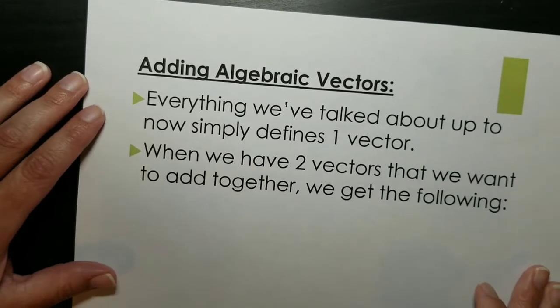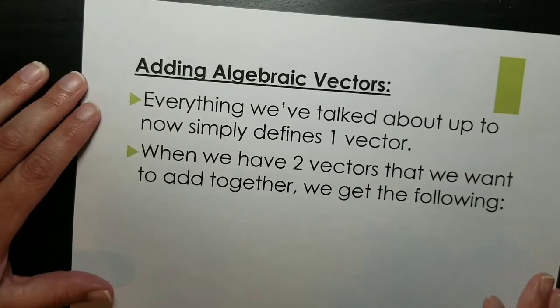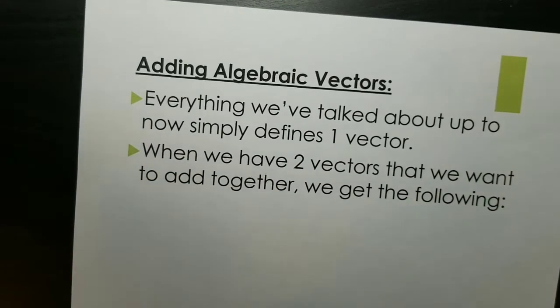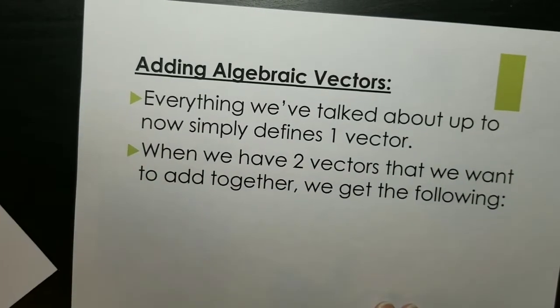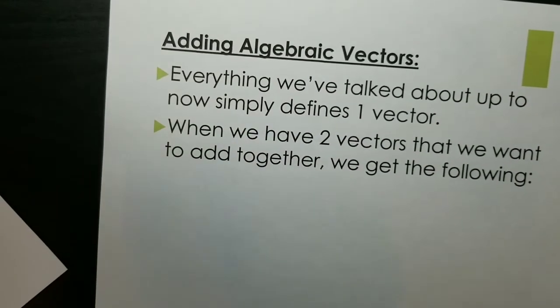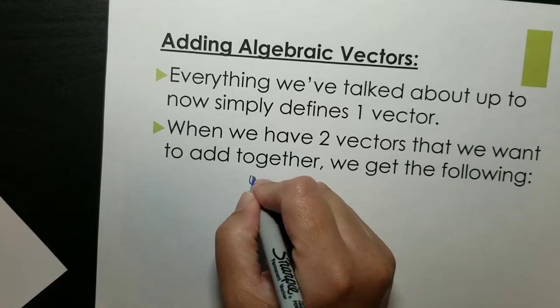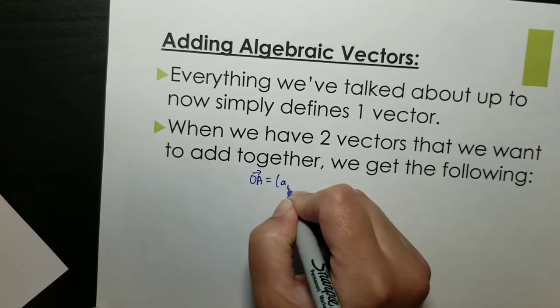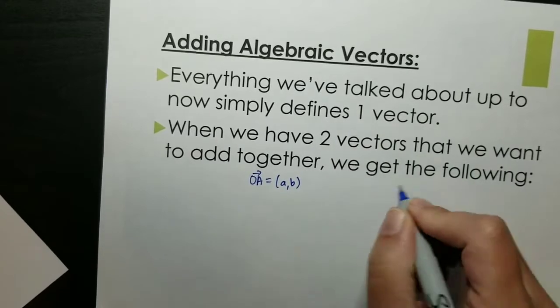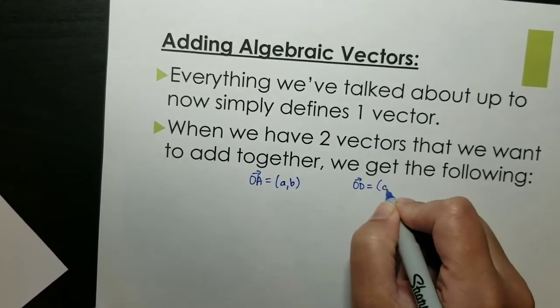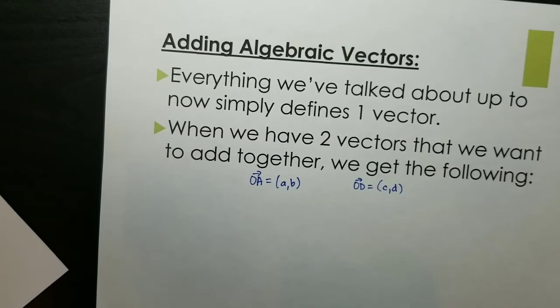So if we were adding algebraic vectors, what we want to do is think about how we could define vector addition. So I'm going to make two vectors. Let's say OA is given by (a, b) and OD is given by (c, d).